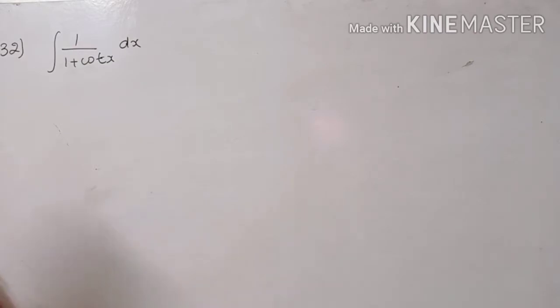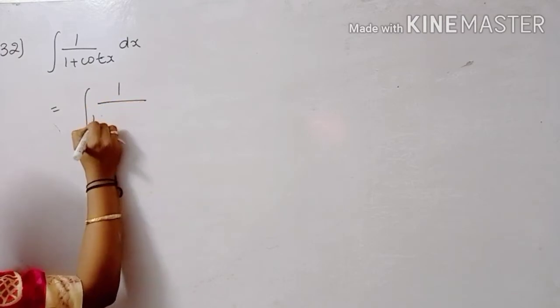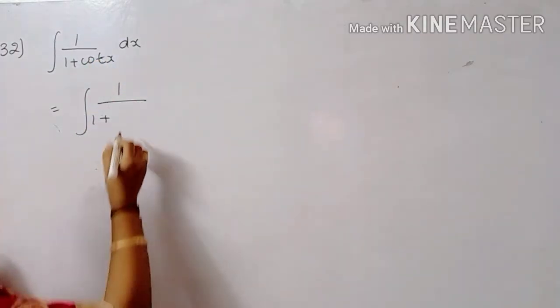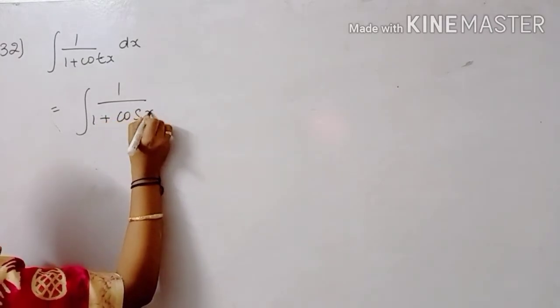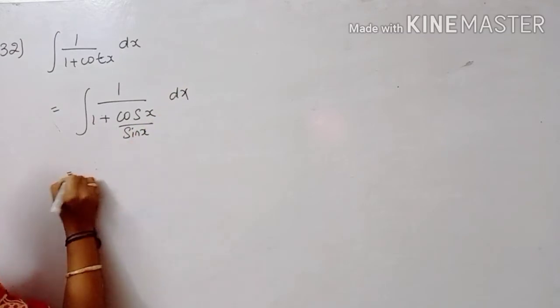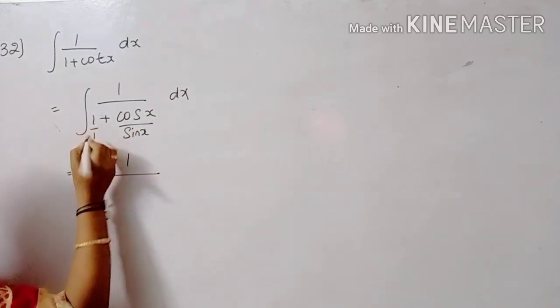So it is nothing but 1 divided by 1 plus, I can write this cot x as cos x divided by sin x, into dx. So this is equal to integral 1 divided by 1 plus cos x by sin x. Actually 1 is nothing but 1 by 1.